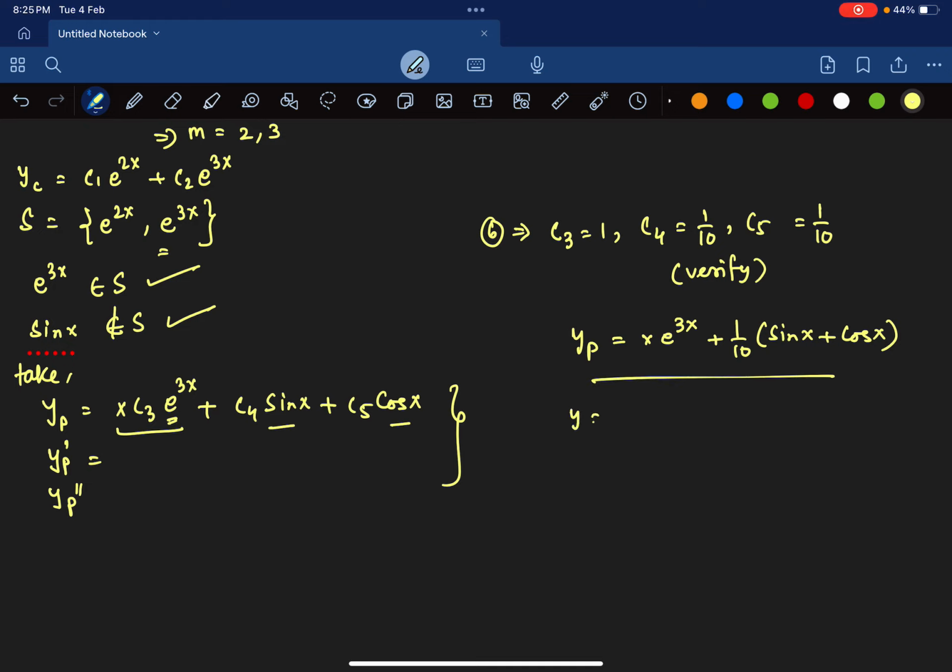Okay, this is yp. So y is equals to c1 e power 2x plus c2 e power 3x plus x e power 3x plus 1 by 10 sin x plus cos x.